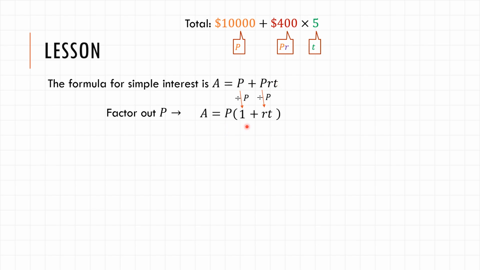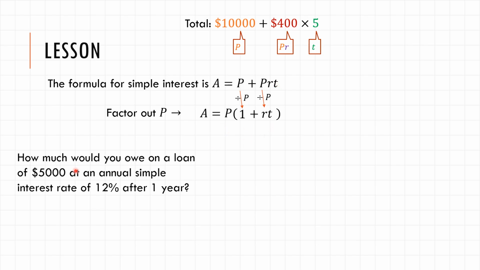Now I can use this formula to find out stuff like, how much would I owe if I borrowed $5,000 at an annual simple interest rate of 12%? How much would I have to pay back after 1 year? So hopefully you were able to use this formula. This is the one that we're going to try and use so that we can learn the compound interest idea a little bit better. I'm going to start off with the formula, and then I'm going to look at my problem here to find out which of the variables I actually know. I know that the principal is 5,000.